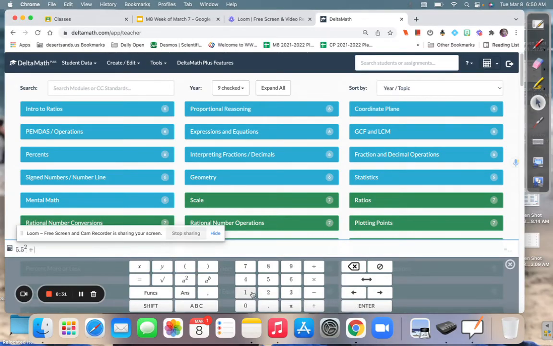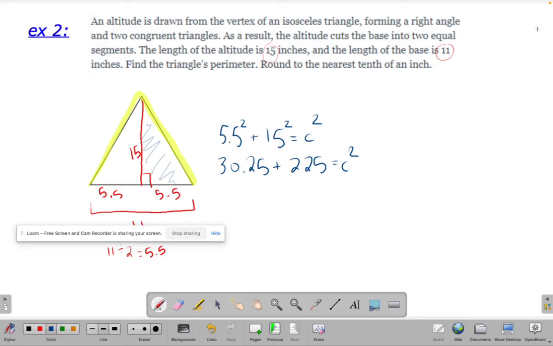So plus 15 squared, and so we get 255.25. 255.25 equals C squared.